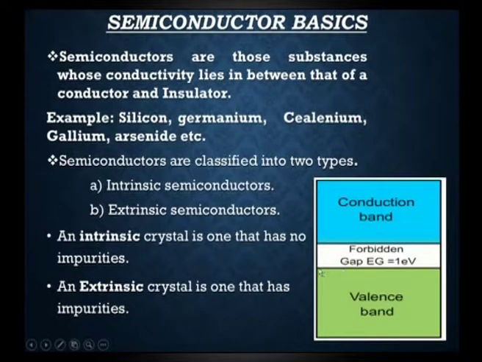Between the topmost part of the valence band and the bottommost part of the conduction band, there is a gap called the forbidden gap. It is represented by EG, the energy band gap, and it is equal to 1 electron volt.